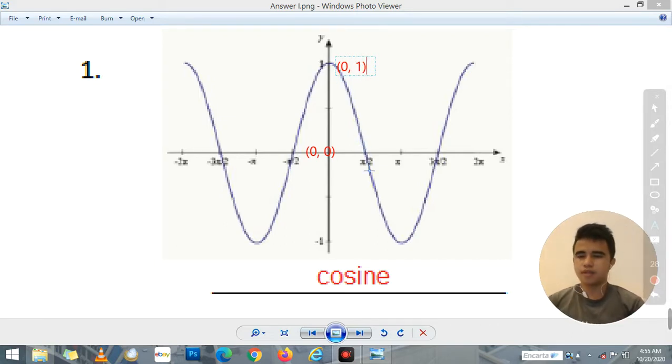So that's why we can say that this is not a sine function.